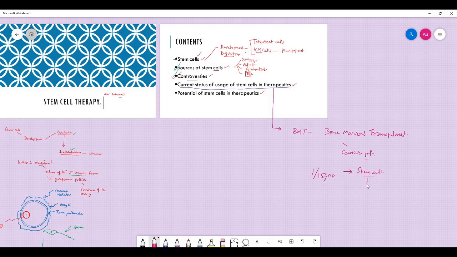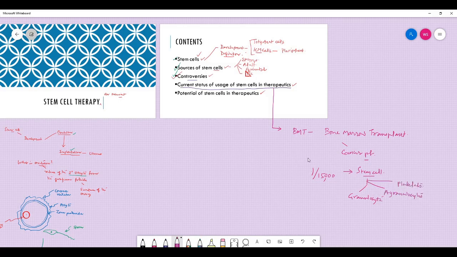This cell can form the granulocytes, agranulocytes, and platelets.